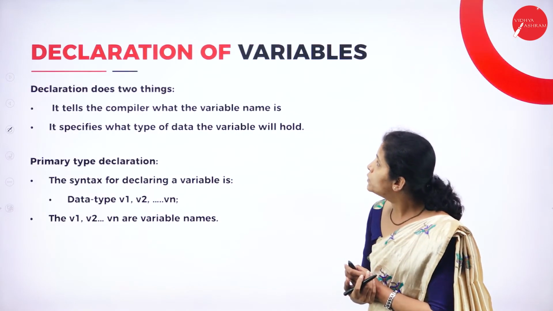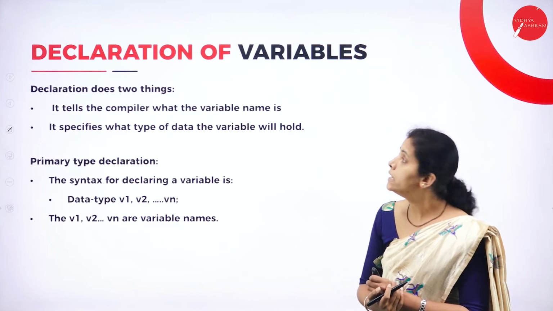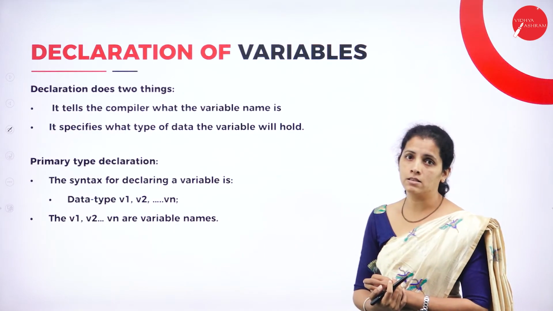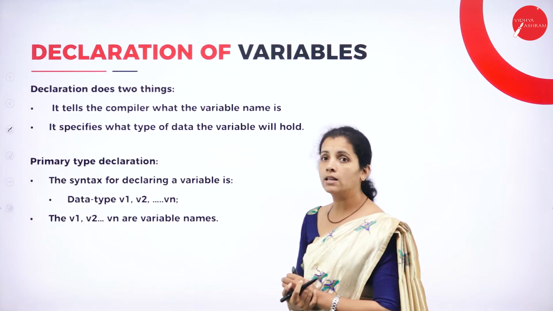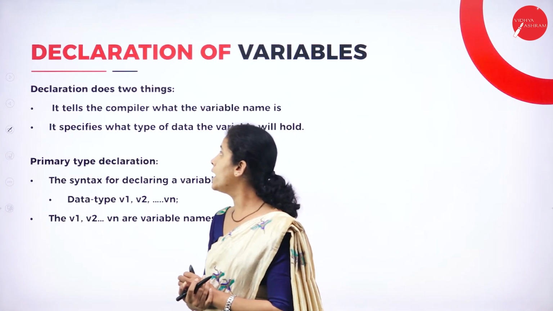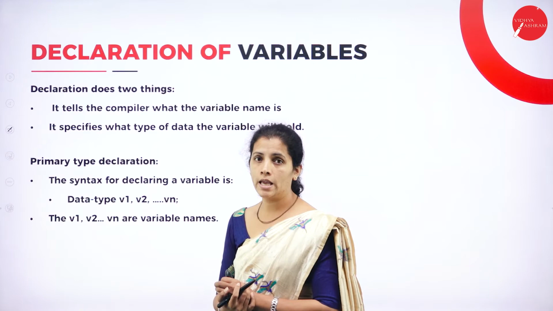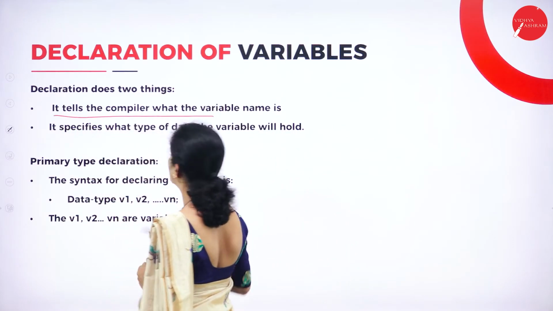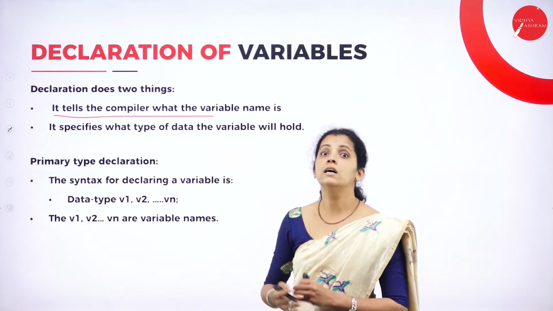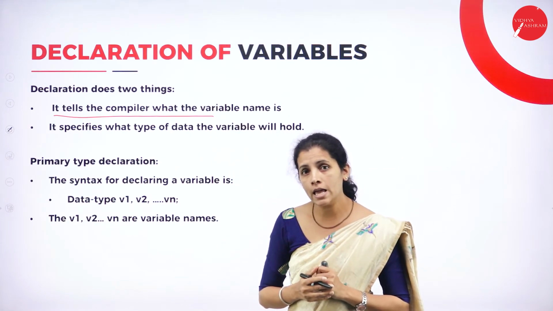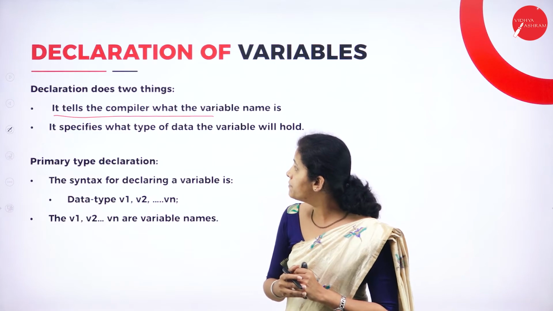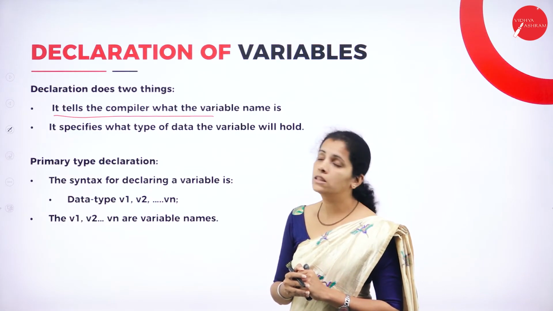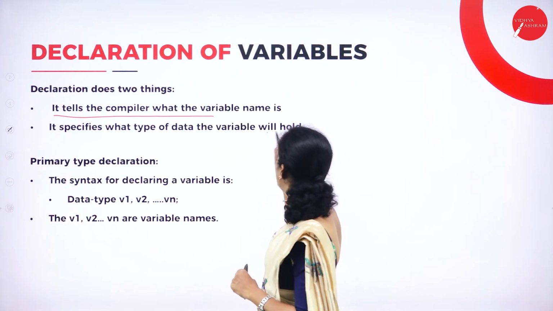Now, I'm going to cover how I can declare variables and what rules I need to follow while declaring variables. So, dear student, declaring variables means what? It tells the compiler about the variable name and it specifies what type of data the variable will hold.